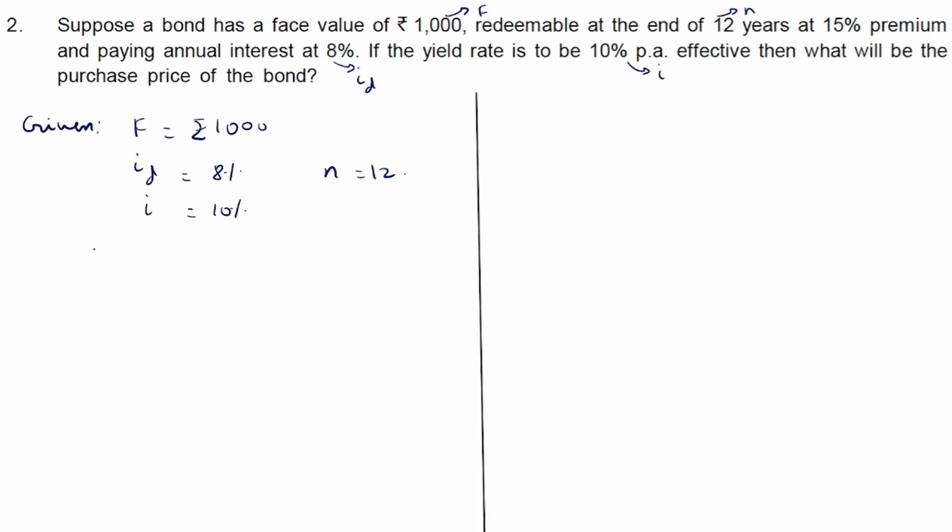So from this we can find the periodic interest as R is equal to F into ID, 1000 into 8 by 100. So it is rupees 80.